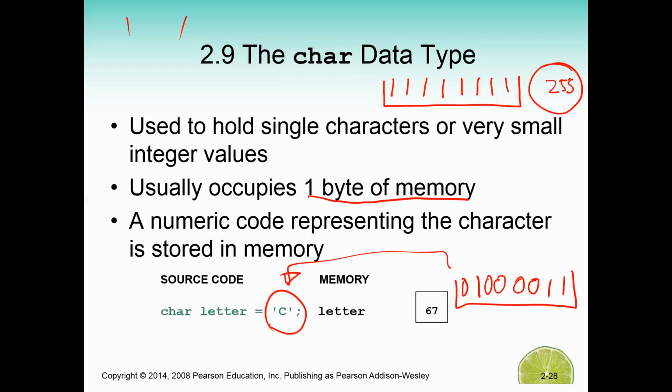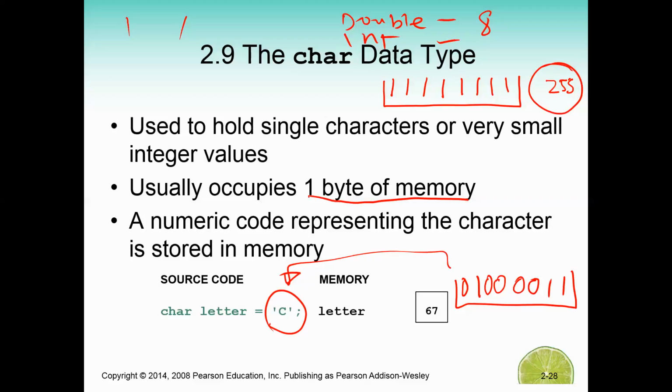So it's just going to be 1 byte. So this is, for right now, the smallest representation that we have. Because we know that if it's a double, it's going to be using how many bytes? 8. If it's an INT, how many bytes is it going to use? 4.